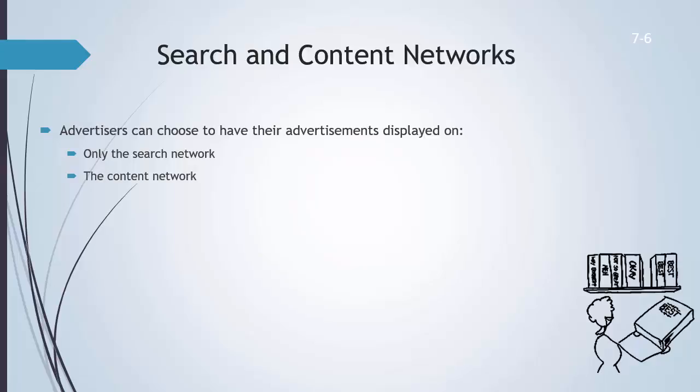The content network would be like Google AdWords or the people that have joined Google through AdSense and they're willing to display those ads on their websites. And so it'd be alternative websites. Sometimes if you went to WebMD, you would see advertisements. Might also be Facebook, you would see advertisements. Those would be more like the content network.